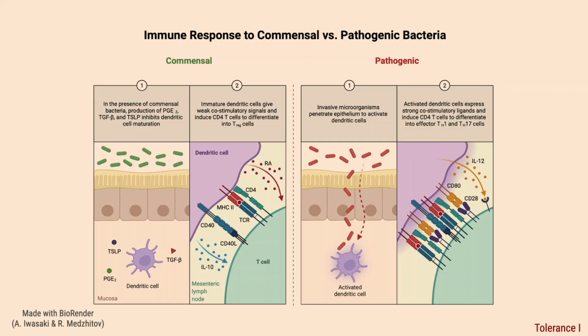Because they are specific to an antigen, they can control the initiation of the immune response to this antigen. So if they suppress a dendritic cell's expression of these co-stimulatory molecules, they prevent activation of other T cells specific to the same antigen. That's one of the ways. They also secrete cytokines like IL-10 and TGF-beta, which are immune suppressive. And there are many ways.